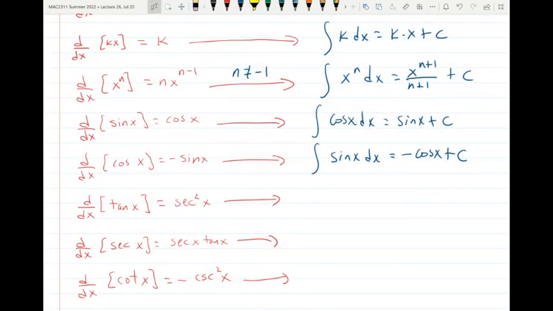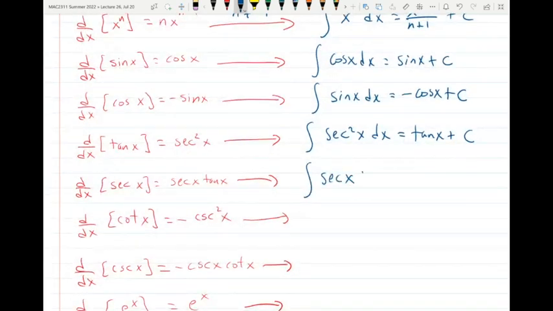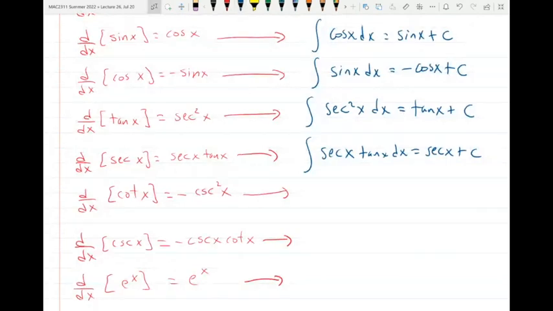Okay. How about this one? So we have the derivative of tangent is secant squared. So what's the integral of secant squared? Tangent. Do you understand this? All right. How about this one? The derivative of secant is secant tangent. So that means the integral of secant times tangent is just secant plus c, remember?